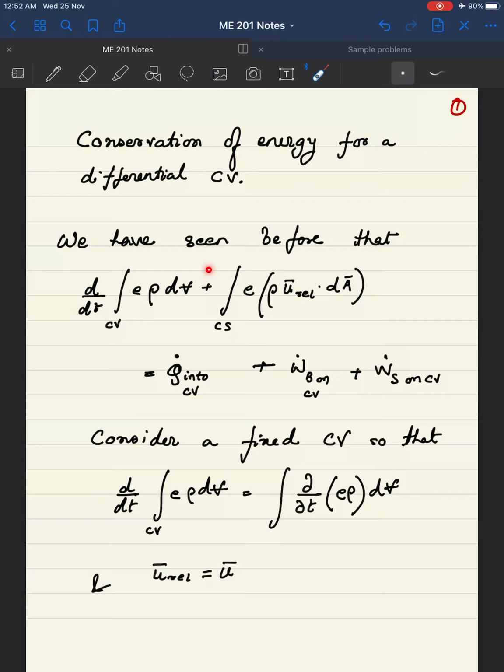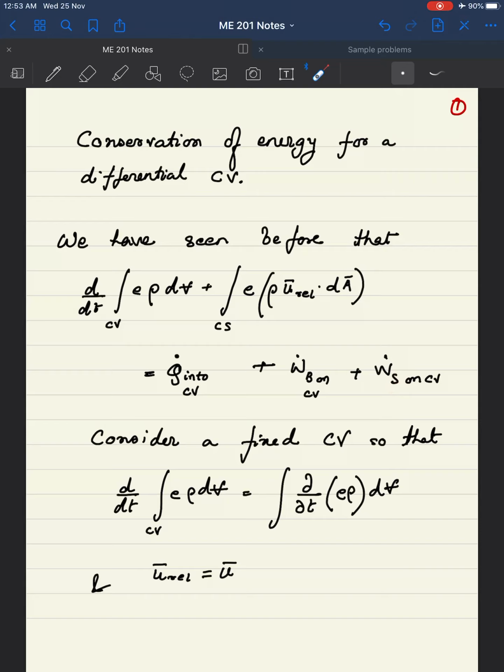So here we have the time derivative of the change of energy in the control volume plus the energy flux through the control surface, and on this side you have the heat input into the control volume, the work done on the control volume by the body forces, and the work done on the control volume by the surface forces.